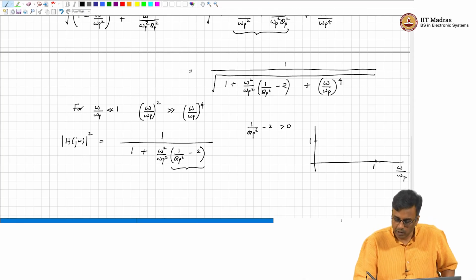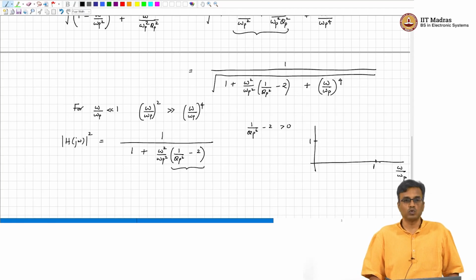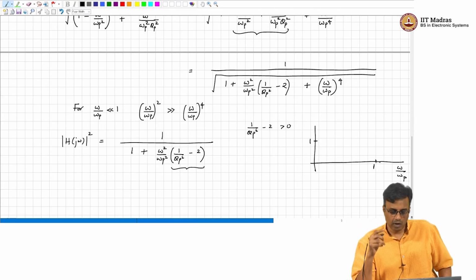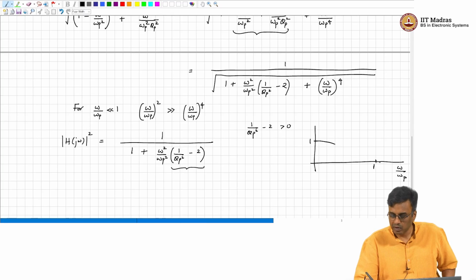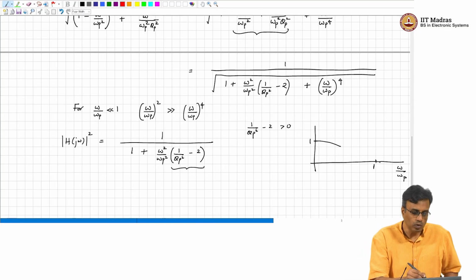At DC it is 1, very good. So, if 1 over qp square minus 2 is greater than 0, how will the magnitude response look around DC? It will be less than the gain at DC. So, it will do this, correct.